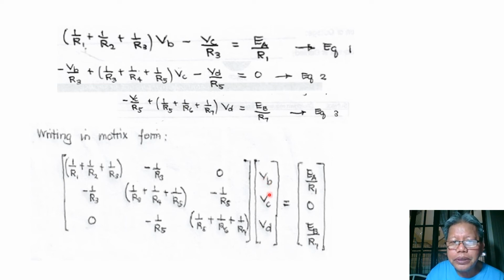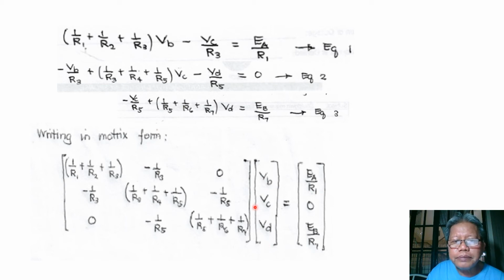Our unknown voltages are V_B, and then we have V_C and V_D. This is the usual way of writing our unknown voltages. So we have to order it like this, as if I use letters A, B, C, D. So this would be the sequence of our unknown voltages to be determined.